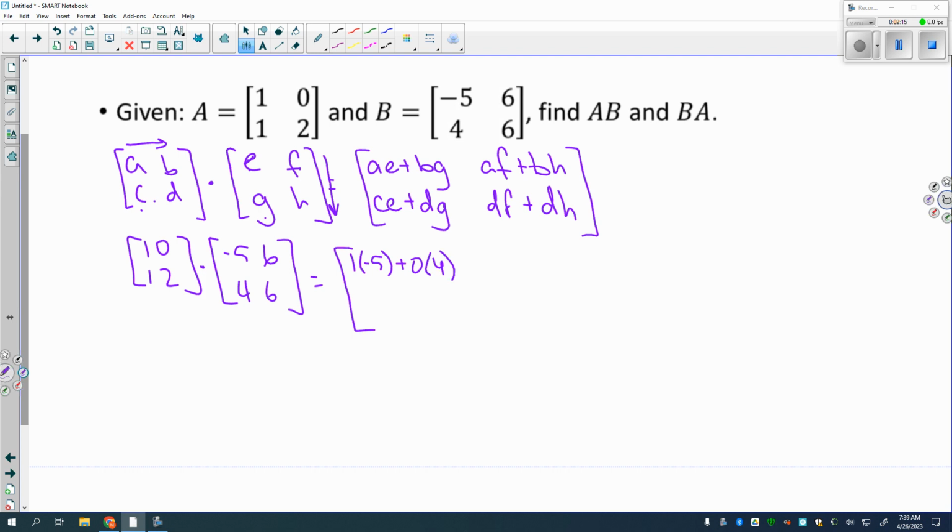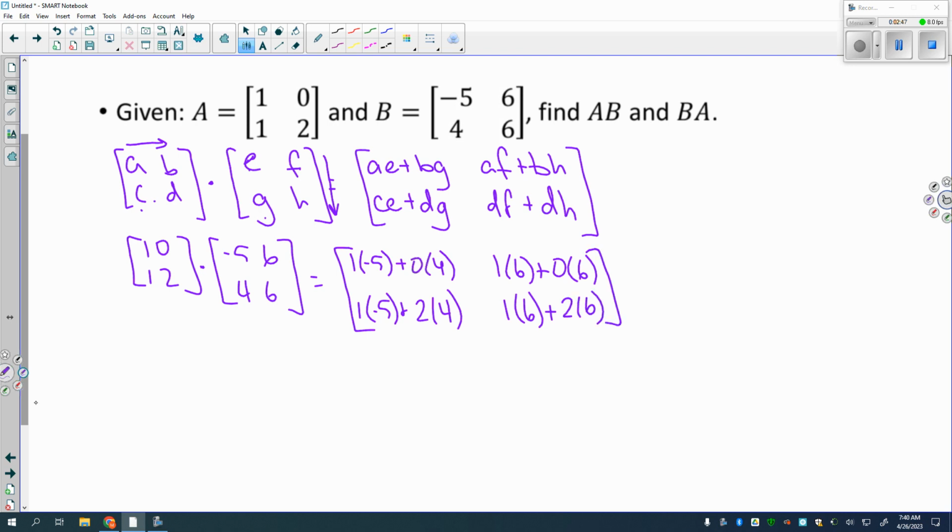And then it's 1 times 6 plus 0 times 6. And then 1 times -5 plus 2 times 6. And then 1 times, nope, I made a mistake there. That's 2 times 4. And then 1 times 6 plus 2 times 6.